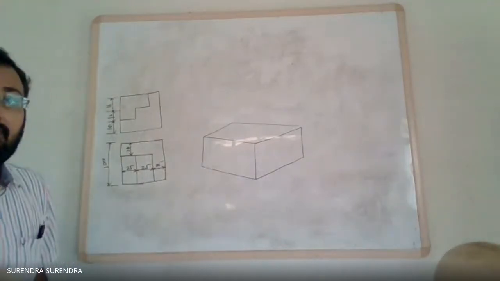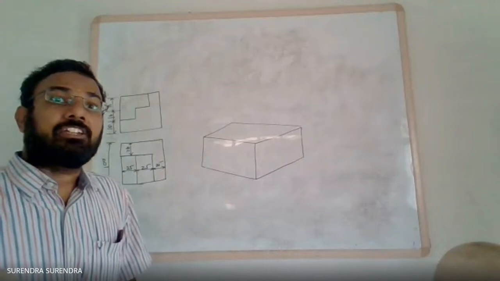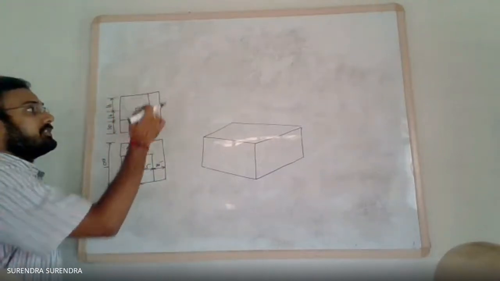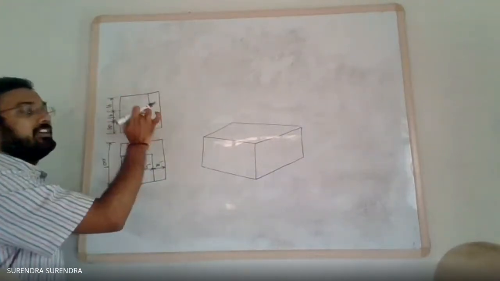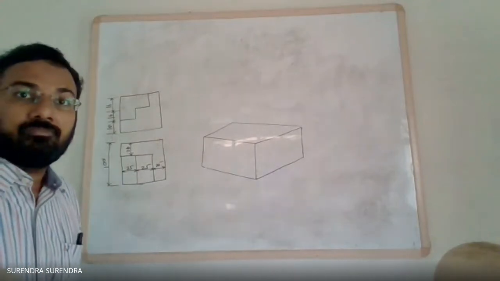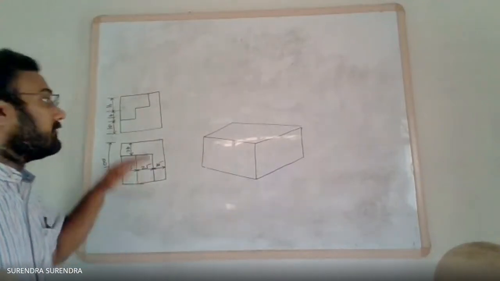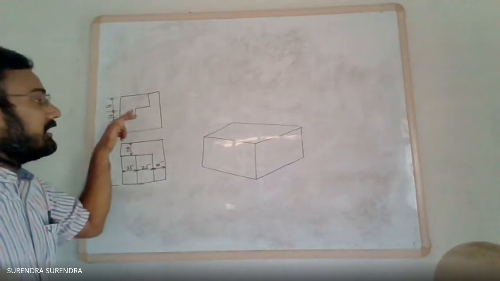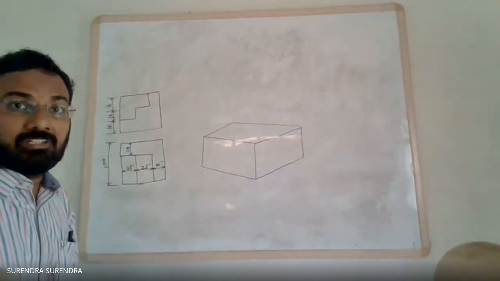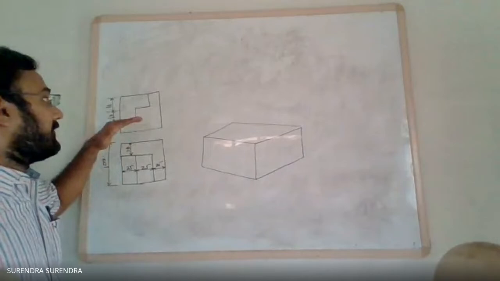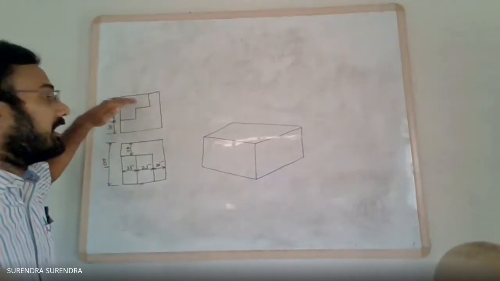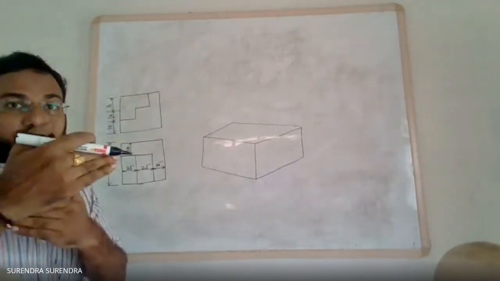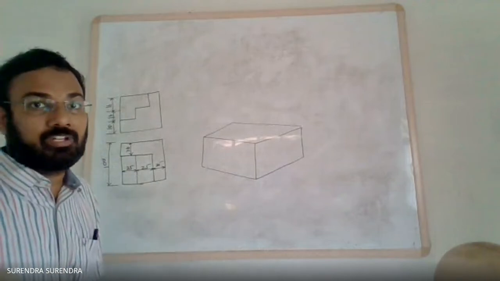Now let us draw the front view of this shape. You can see there are two areas, area 1 and area 2. Besides the complete outline, there are internal lines, and because of them it is divided into two areas. Which one is at the front and which at the back? How to decide?